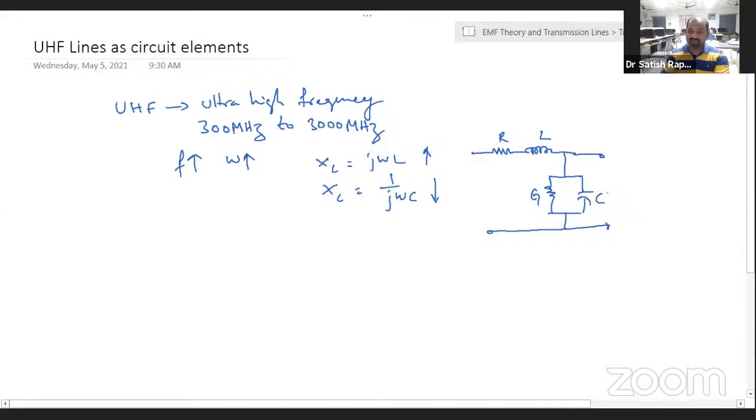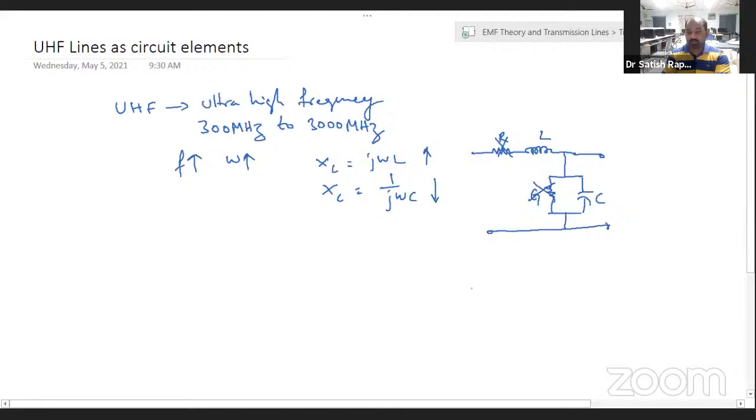Therefore, as XC is less, G can be neglected at very high frequency, because it is the parallel combination. R can also be neglected, because it is a series element.